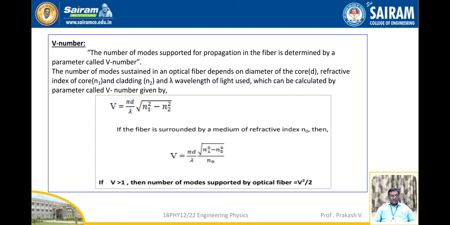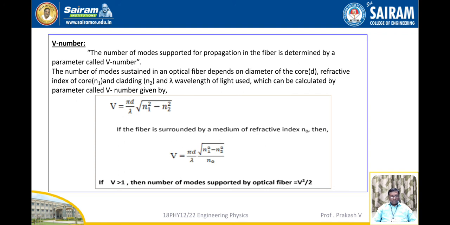The number of modes sustained in an optical fiber depends on the diameter of the core, that is small d, the refractive index of core, that is n1, the refractive index of cladding, that is n2, and also lambda, that is the wavelength of light used, which can be calculated by a parameter called V number, given by V is equal to pi d by lambda into square root of n1 square minus n2 square. If the fiber is surrounded by a medium of refractive index n0, then we can write V is equal to pi d by lambda into square root of n1 square minus n2 square whole divided by n0.